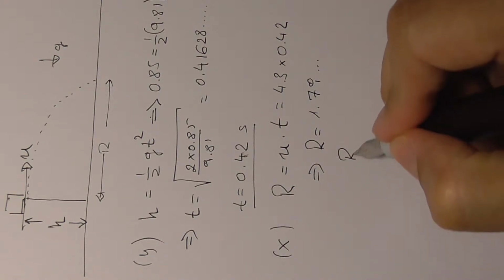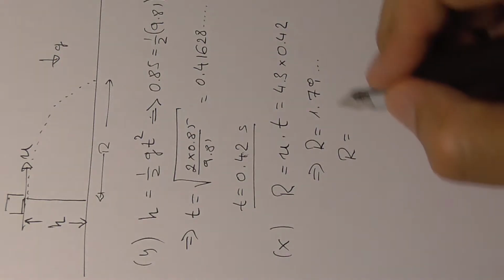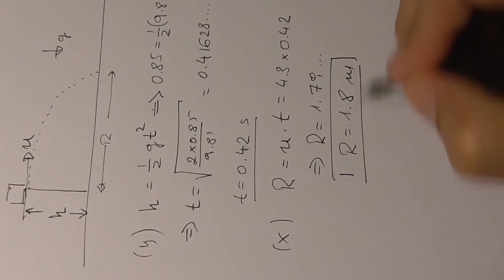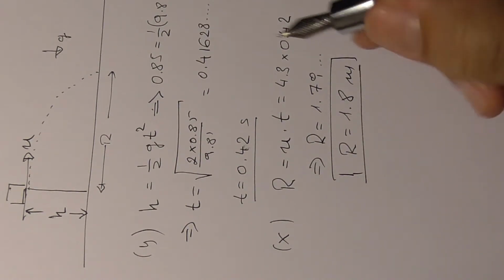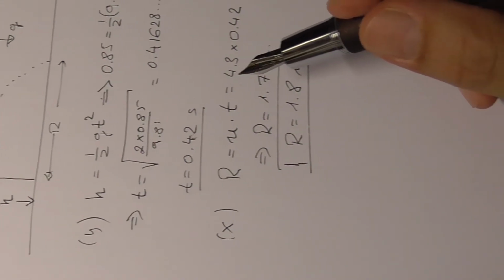And again, I need to round this to the least number of significant figures. So this is 2, this is 2, so that's my answer. And you can listen to the pen, how nice it squeaks on the paper.